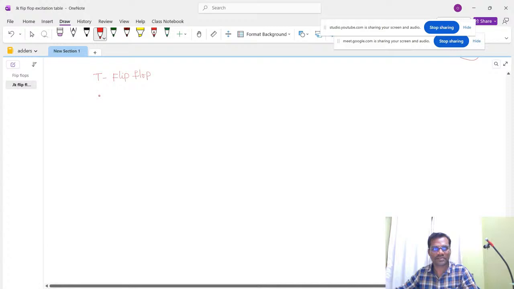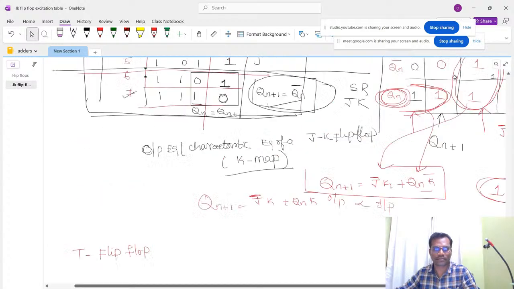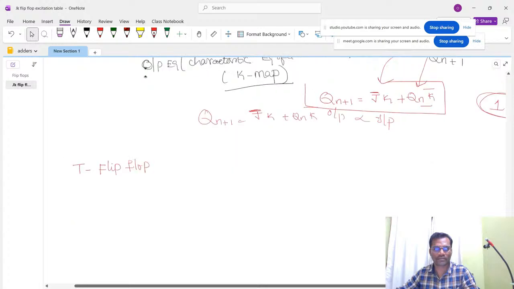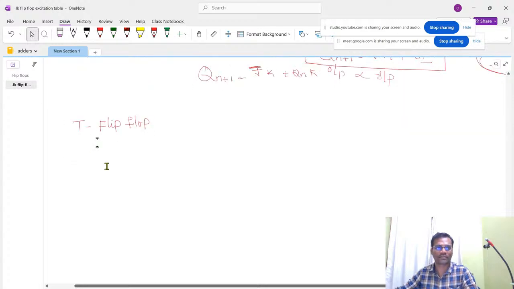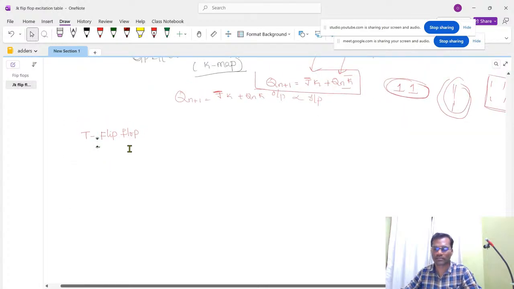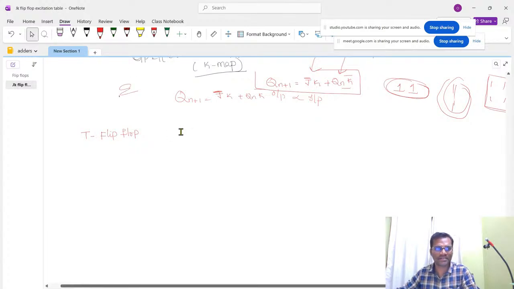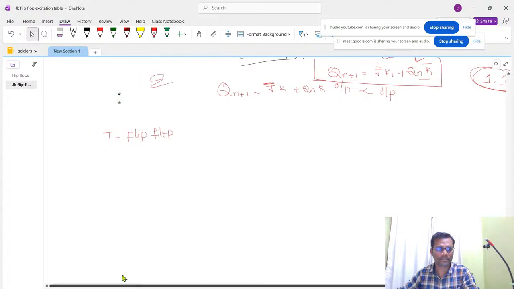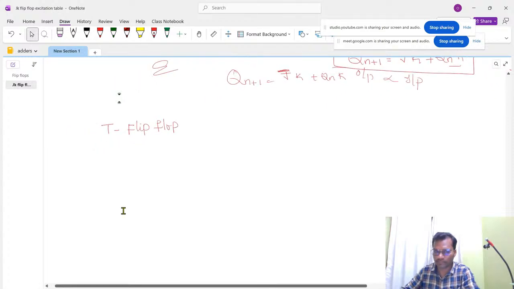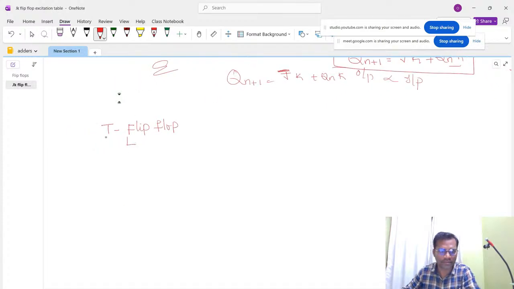So what is meant by a T flip flop? Is the pen visible to you? Yes, sir. T flip flop is called a toggle flip flop.